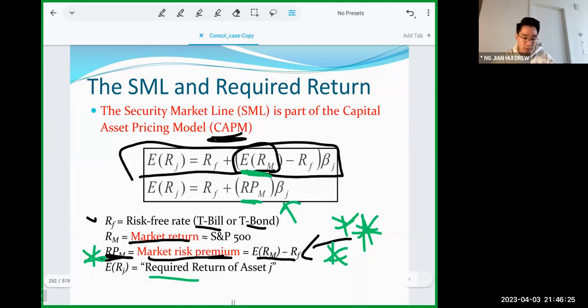I want to repeat here again, in case you didn't catch it earlier, that when we are using the CAPM model, we necessarily have to make many assumptions. One of the important assumptions is that we are holding a diversified portfolio, so there's no unsystematic risk. The securities are all in equilibrium, and all the securities fall on the security market line.